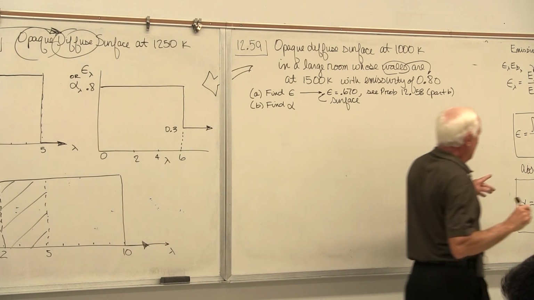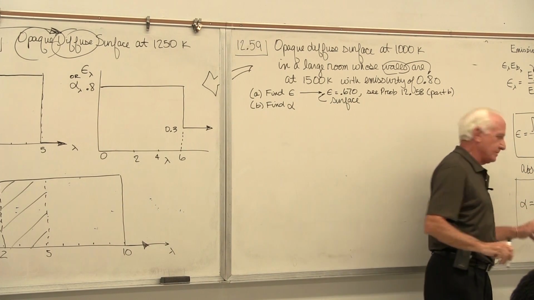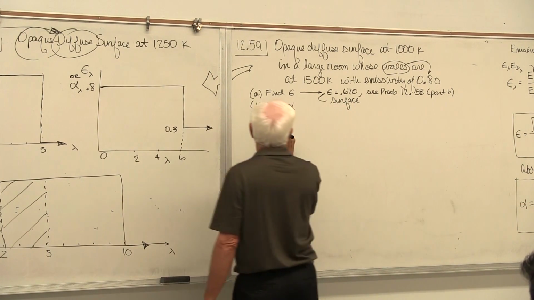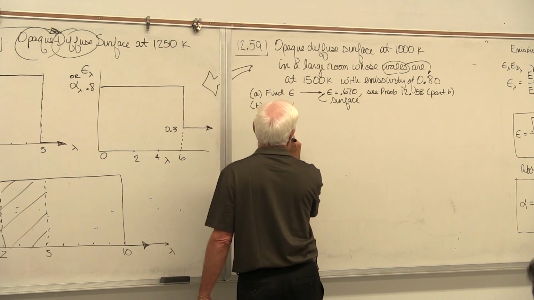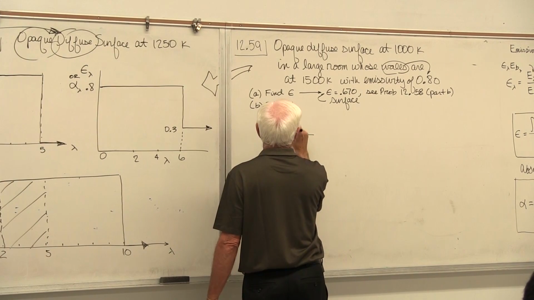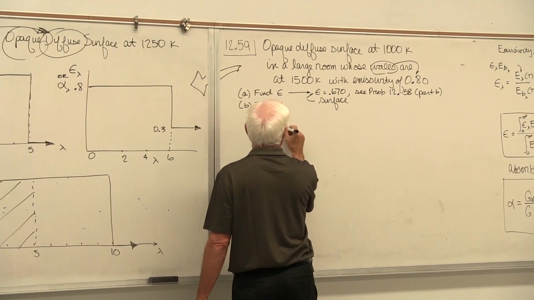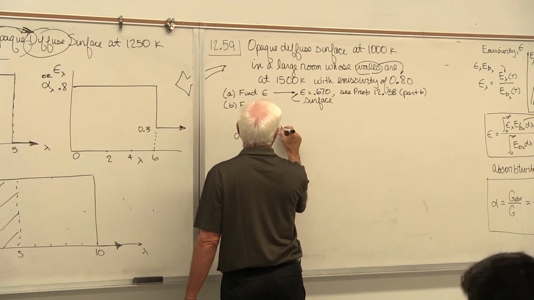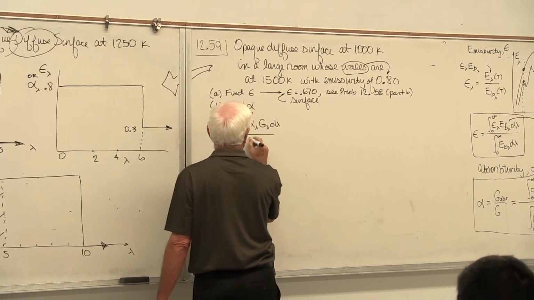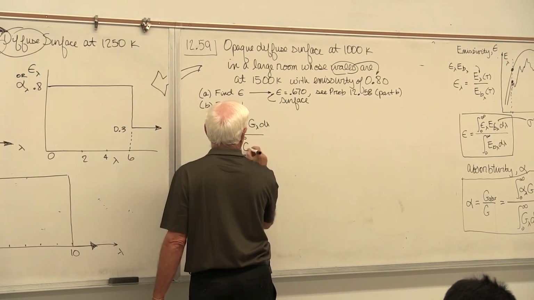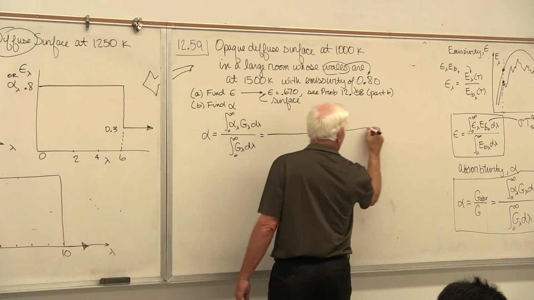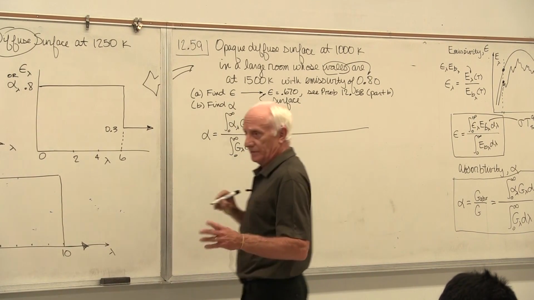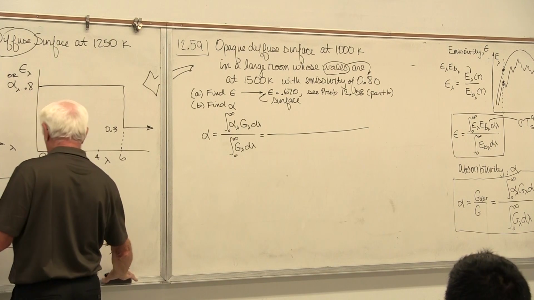Now you go to the equation for alpha. There it is. Alpha is equal to the integral from 0 to infinity of alpha lambda G lambda d lambda. Now we integrate by parts. Wherever there's a breakpoint in the graph, don't forget, now there's only one graph.